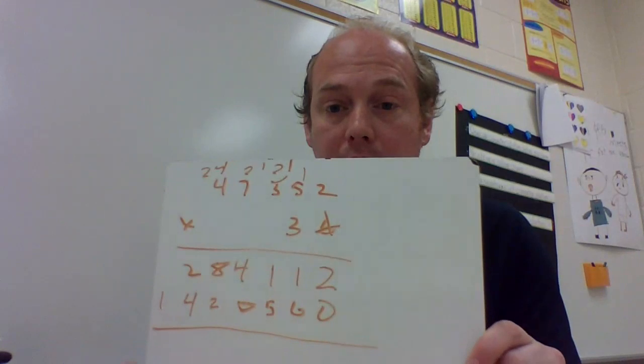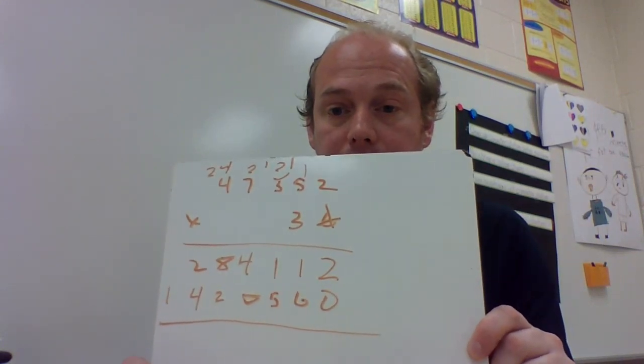So now we're going to add these big long numbers. 2 plus 0 is 2. 1 plus 6 is 7. 1 plus 5 is 6. 4 plus 0 is 4. 8 plus 2 is 10. Carry the 1. 2 plus 4 is 6 plus 1 is 7. And then bring down your 1.